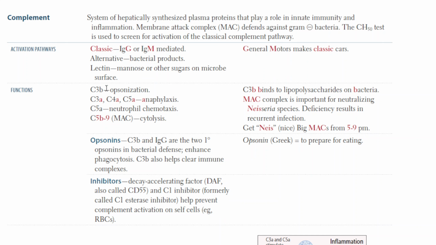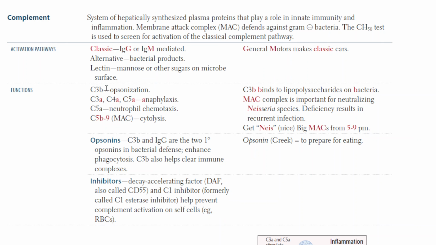C5a by itself attracts neutrophils, chemotaxis. Instead of saying attack, they call neutrophils to the area of inflammation. Chemotaxis means bringing neutrophils into the inflammation area.